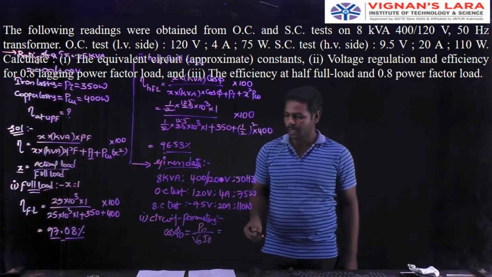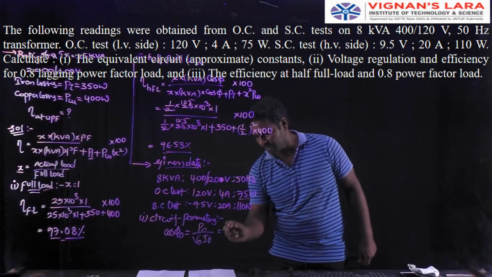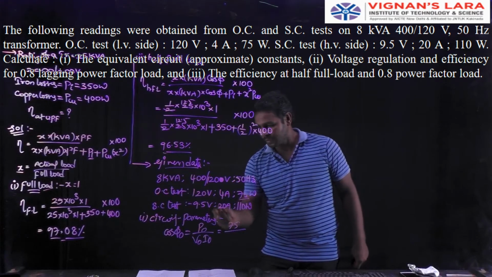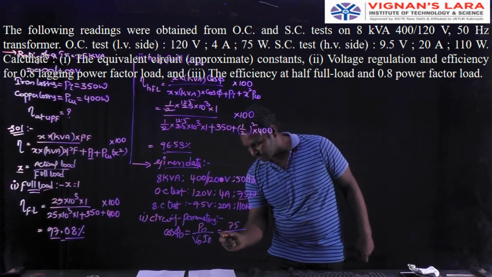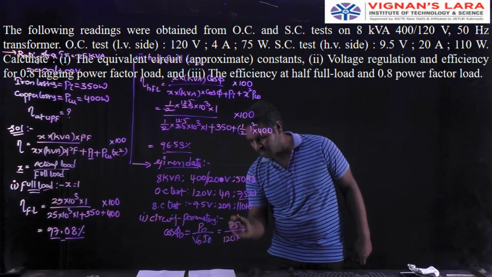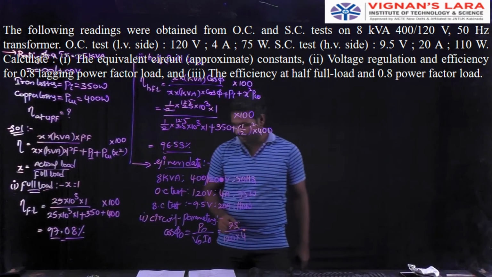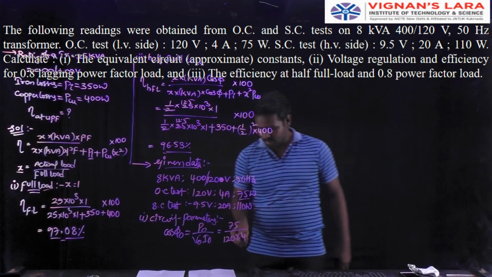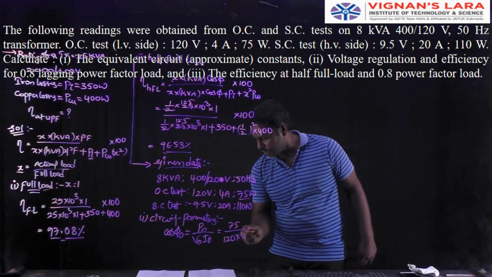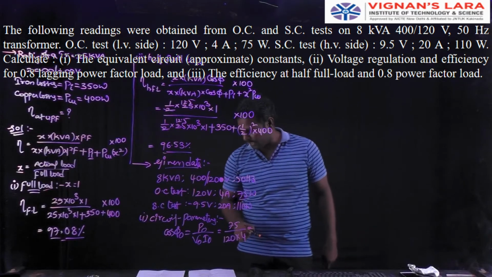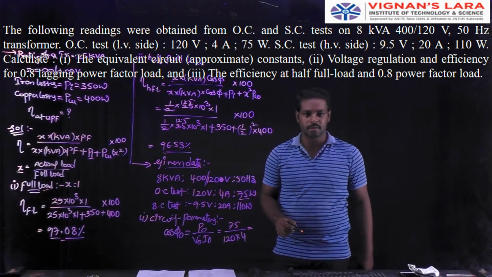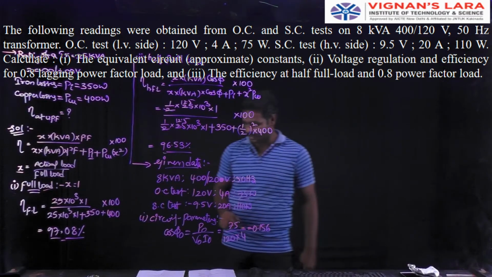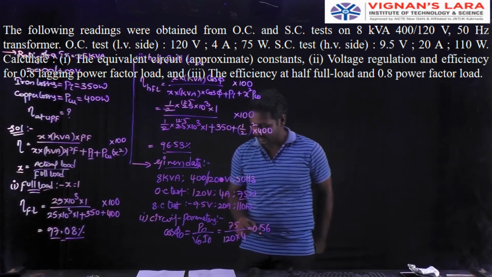So P naught is 75 divided by 120 into 4 amperes, which is equal to 0.156.